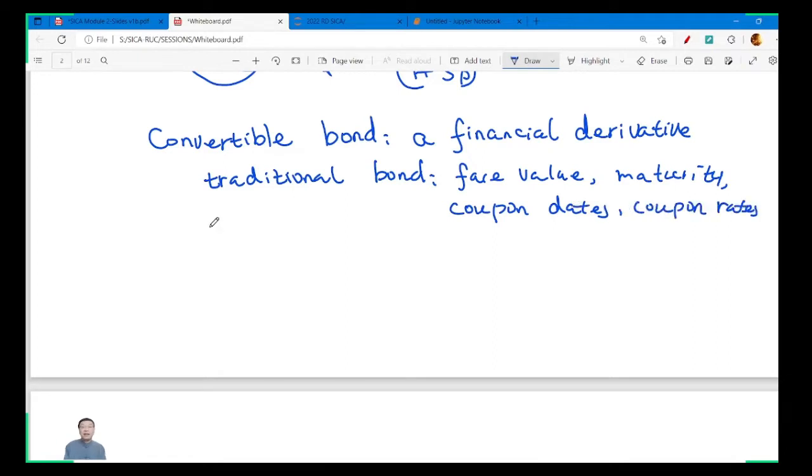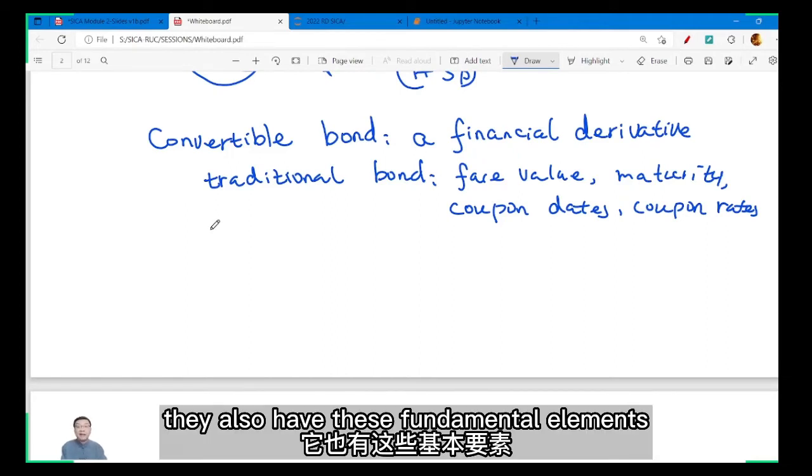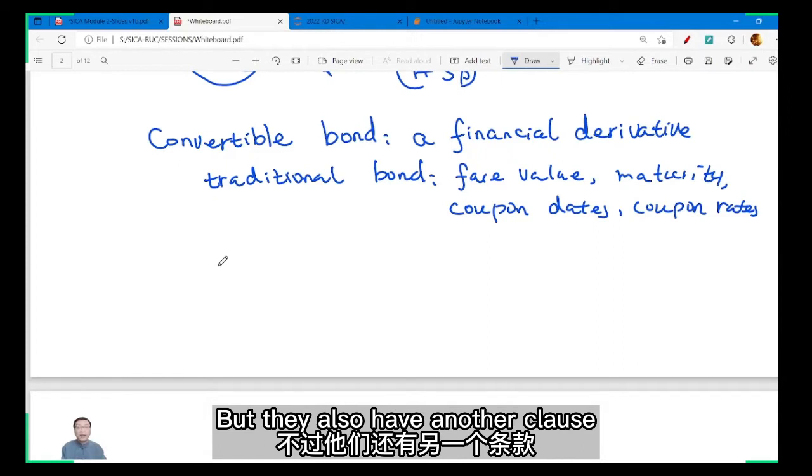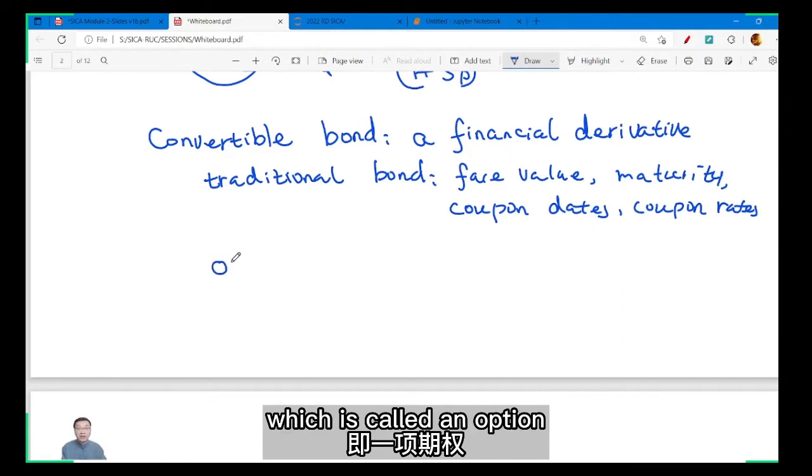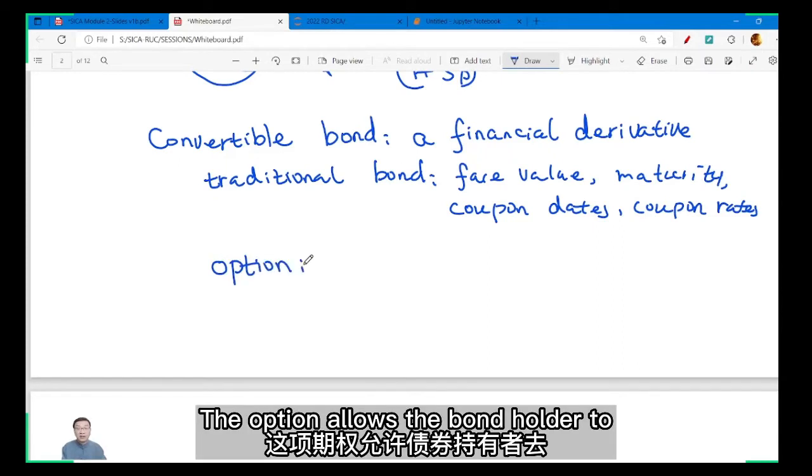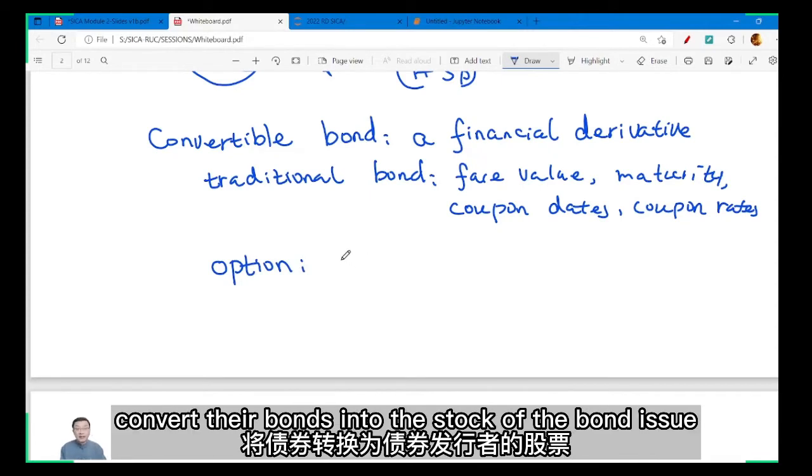Okay. For convertible bonds, they also have these fundamental elements, but they also have another clause, which is called an option. The option allows the bondholder to convert their bonds into the stock of the bond issuer.